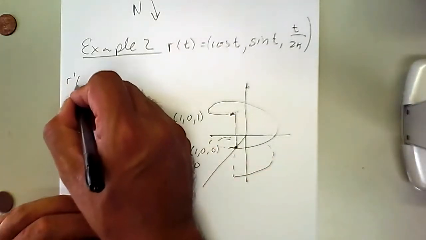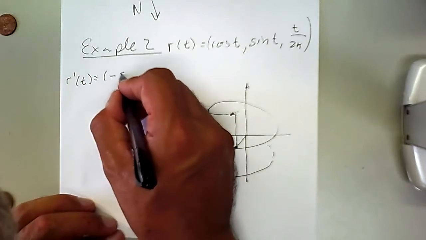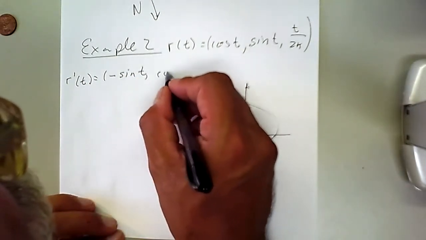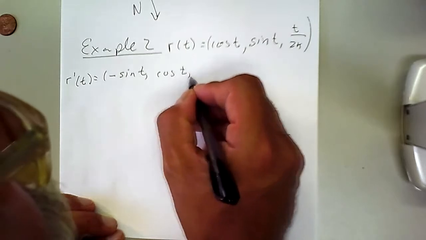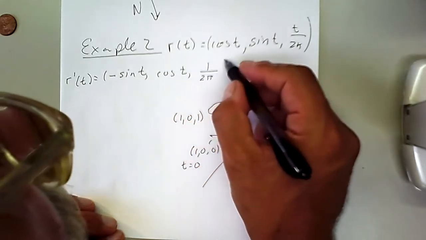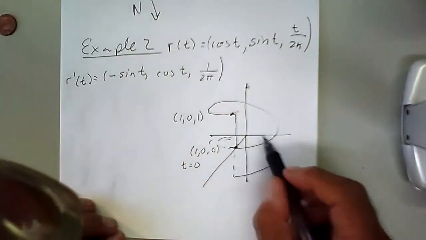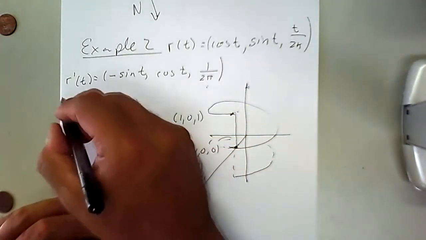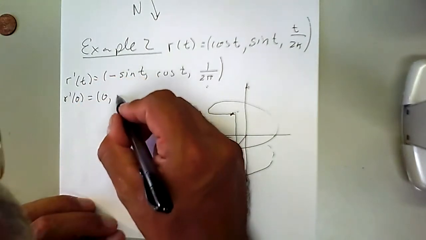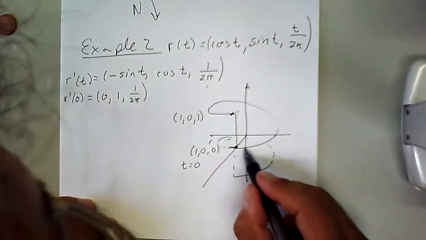So the derivative is going to be negative sine of t, cosine t, and then 1 over 2 pi. That's the tangent vector, so it's going to go up a little bit. If we plug in 0, r prime of 0, we end up with 0, 1, 1 over 2 pi.